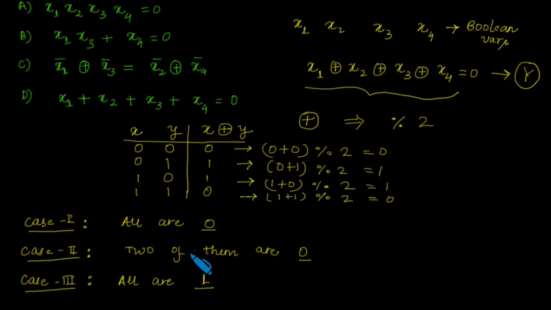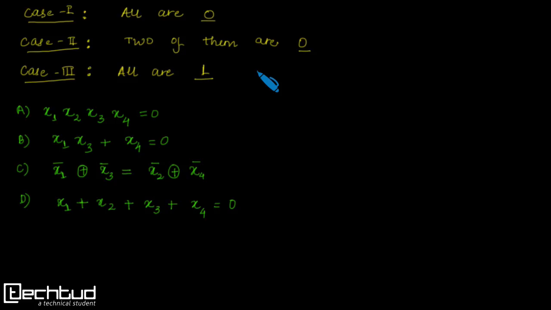Now for each of these cases, let's analyze each option and see what we get. For option A, if we try case 1, where all four Boolean variables assume the value 0, the first case will hold true.